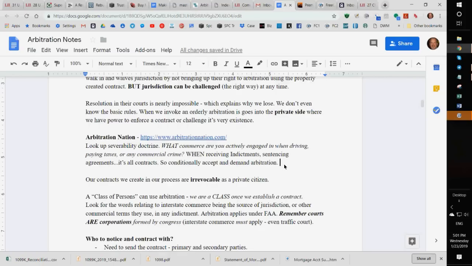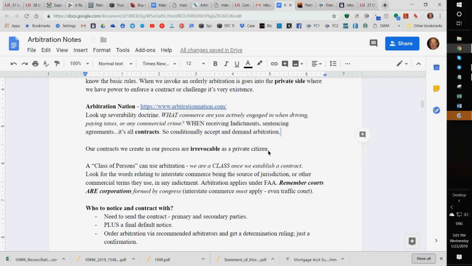So when we're receiving an indictment or a sentencing agreement, which, if you've ever read a sentencing agreement, it's all contracts, boy. If you just look at it carefully. So we have to conditionally accept and demand arbitration. And we produce the arbitration actually before we even get them to agree or not agree. They don't have a choice once the arbitration is done. It's already a resolved matter.